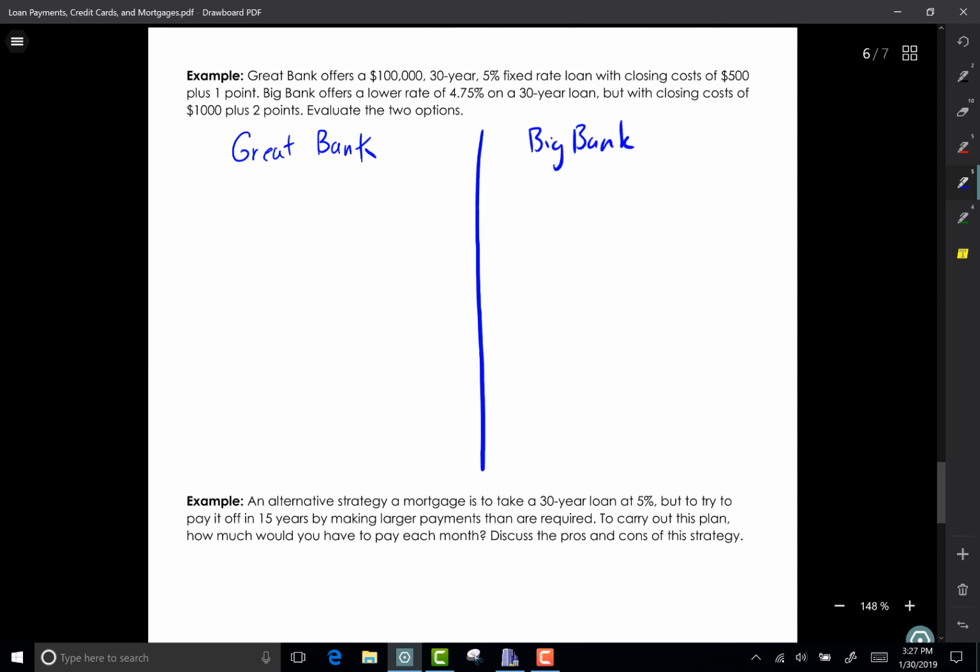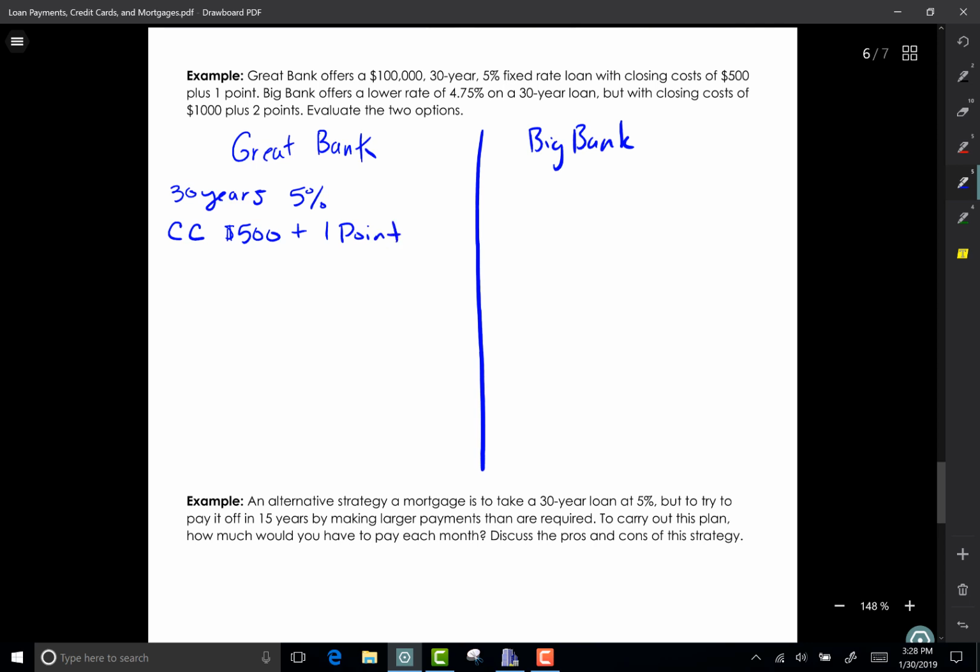Great Bank offers a $100,000 loan for 30 years at 5% APR. And it says the closing costs are $500. I'll just label it as CC for closing costs. It's $500 plus 1 point.